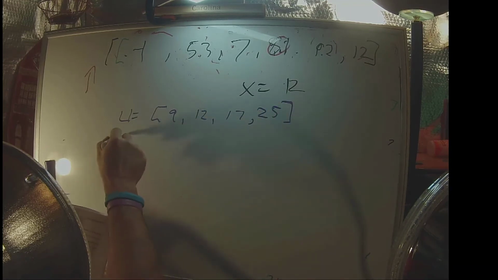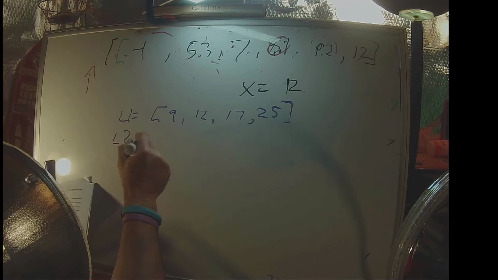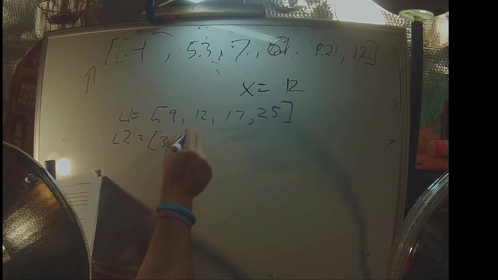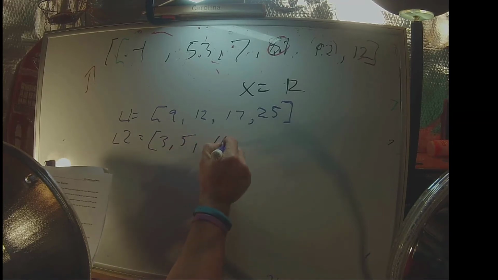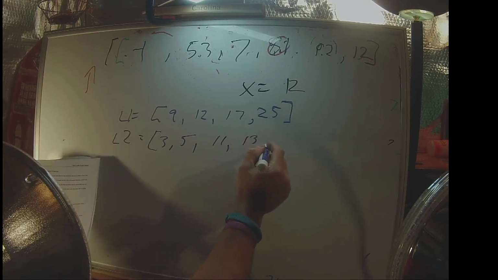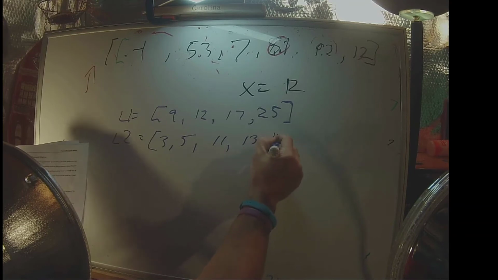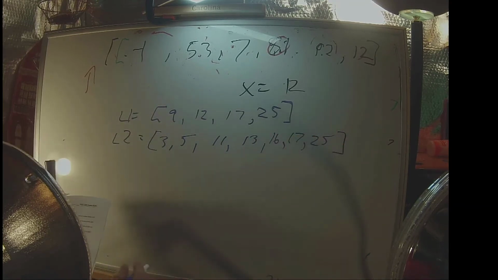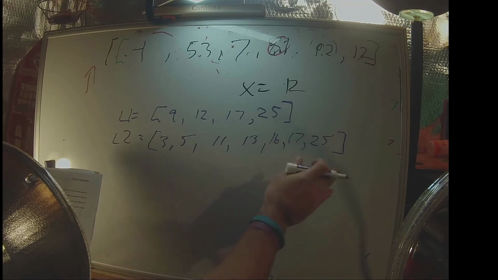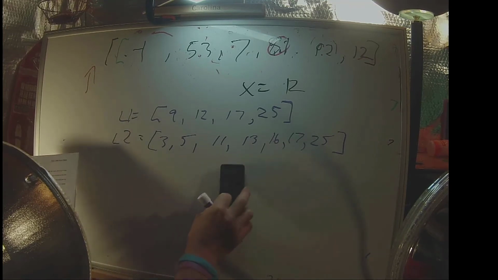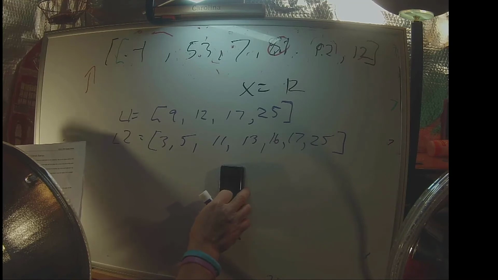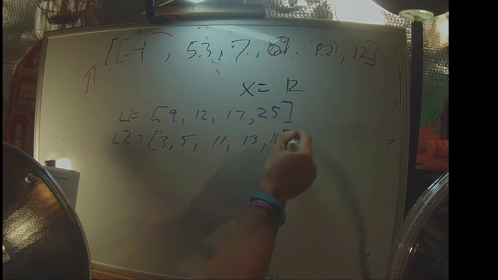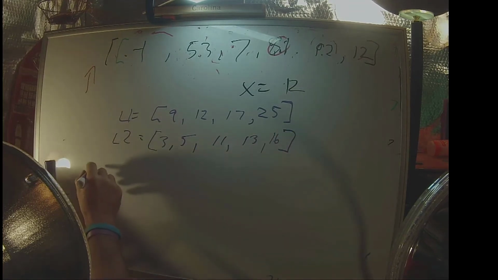And L2 equals 3, 5, 11, 13, 16, 17, and 25. Oh man, no: 3, 5, 11, 13, 16 come from the other list. Okay? And we want to merge these together into big L.